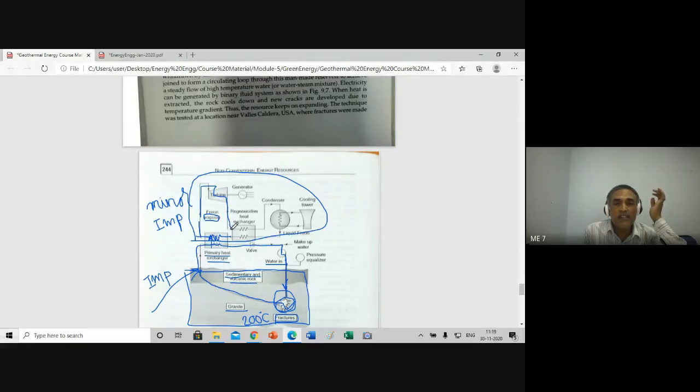Then it is sent to the regenerative heat exchanger, and then to the condenser. Inside the condenser it is condensed. Then the liquid freon is passed through the regenerative heat exchanger once again.